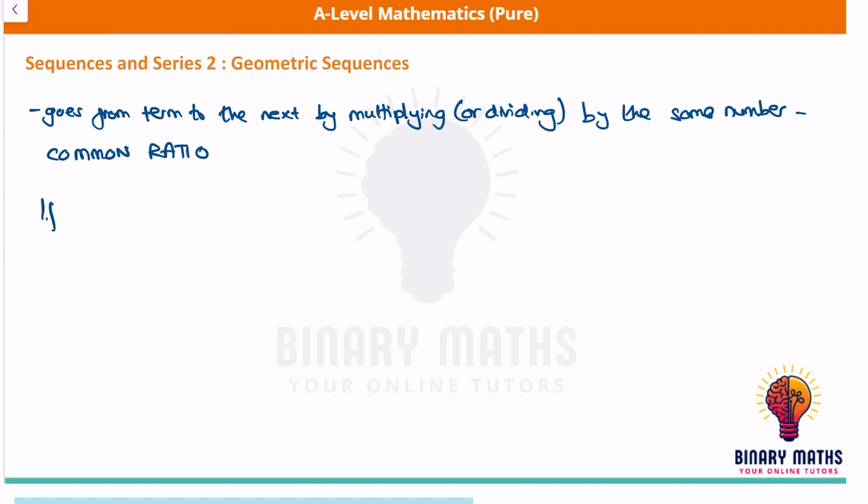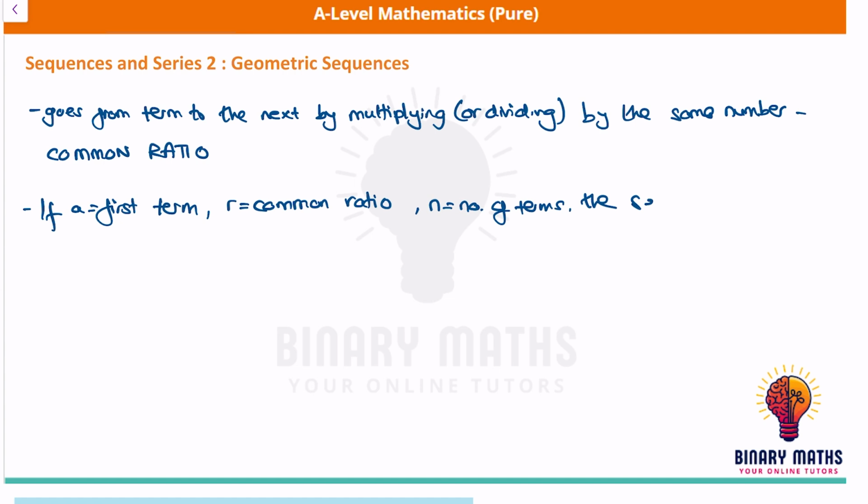So if A is equal to the first term, R is equal to the common ratio, N is equal to the number of terms, then the sequence is A, which is the first term.